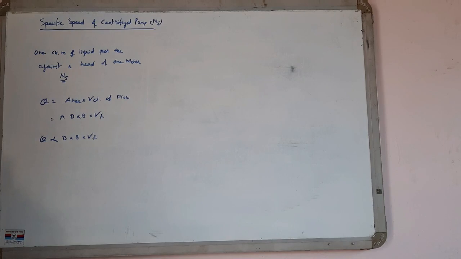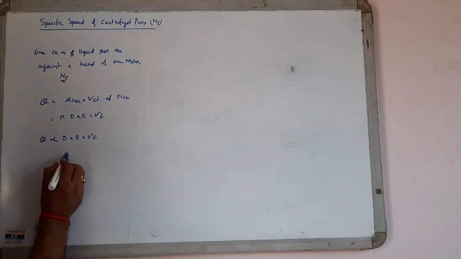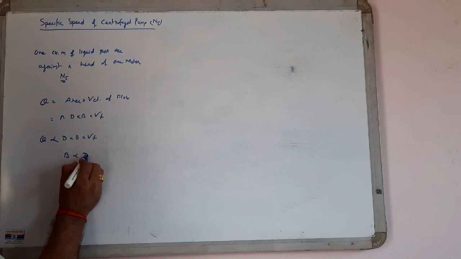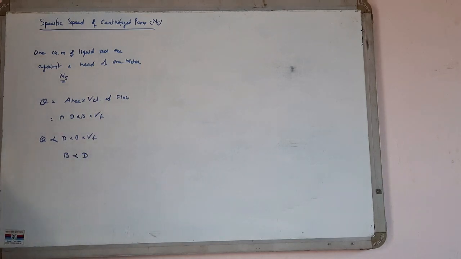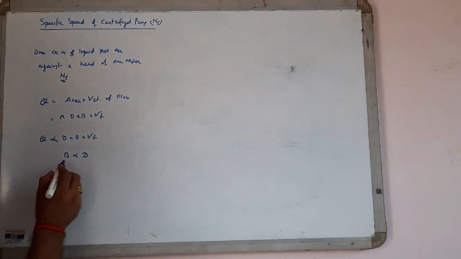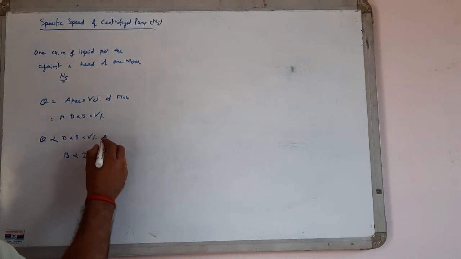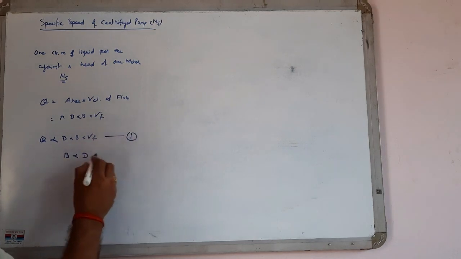Here D is the diameter of the impeller of the pump and B is the width of the impeller. We know that B is proportional to D, the diameter. This can be given as equation 1.